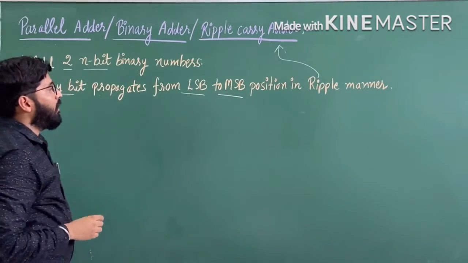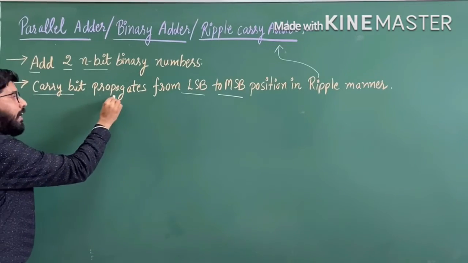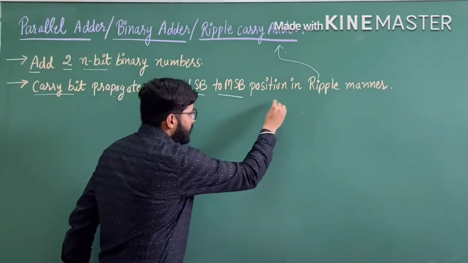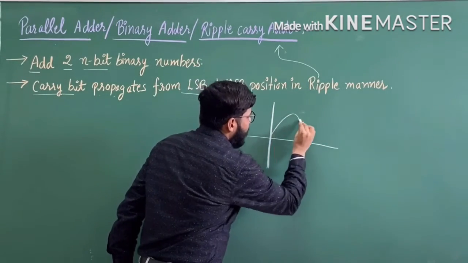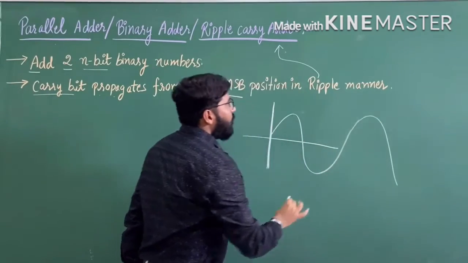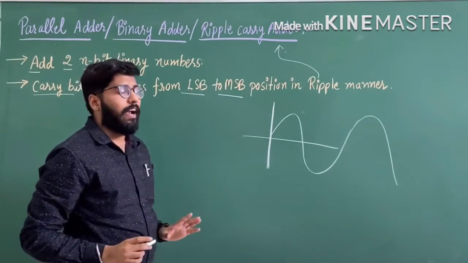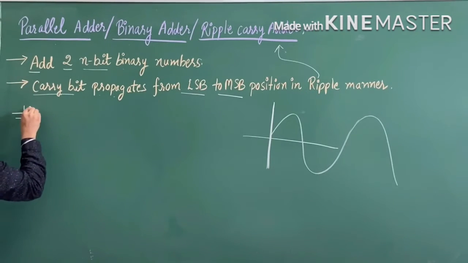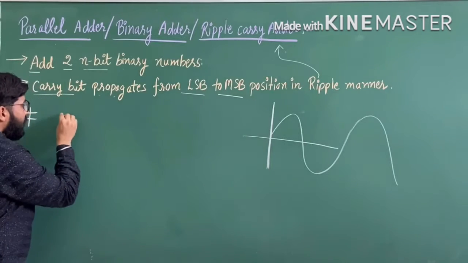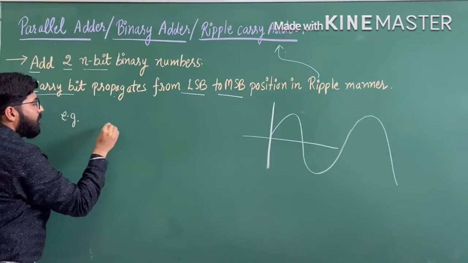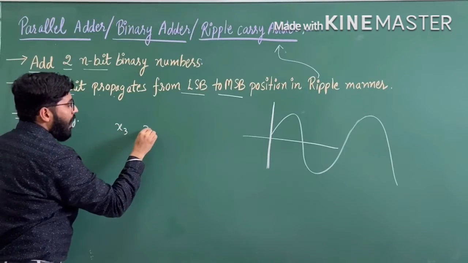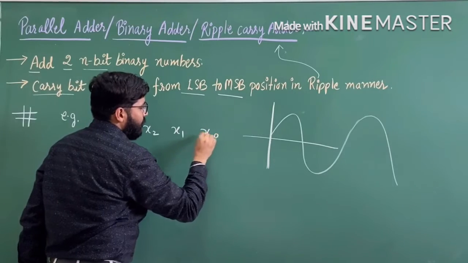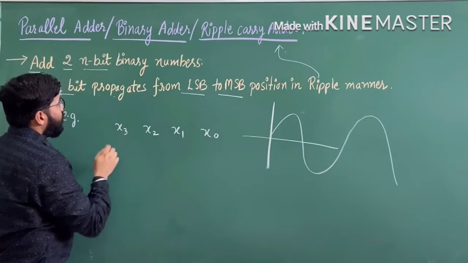Okay, this is the key point. Here, the carry bit propagates from the LSB to the MSB position in a ripple manner, such that in this way the carry is propagated. That's why it is known as a ripple carry adder. Now, suppose we want to do an addition. Consider an example: x3, x2, x1, x0 is one number.